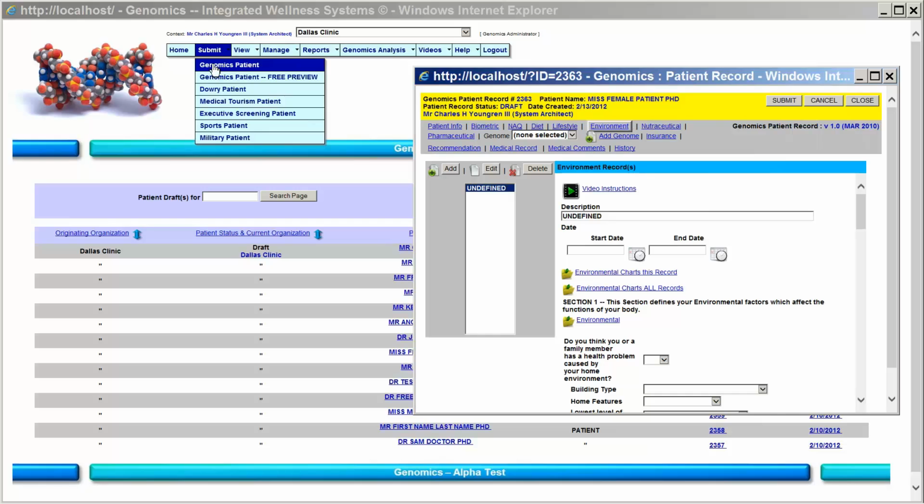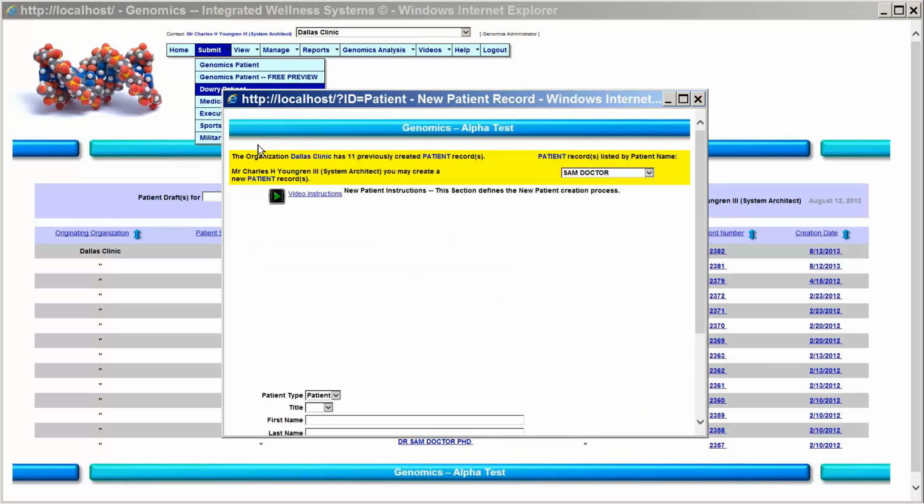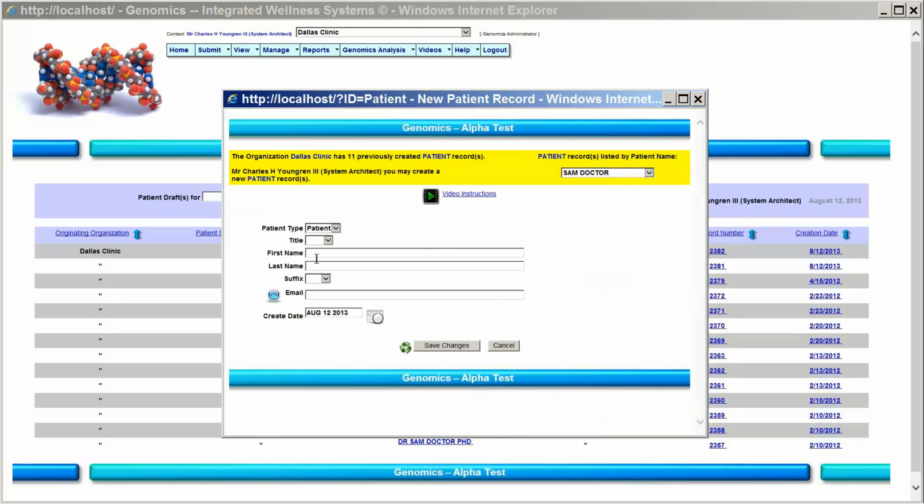We can also add patients, very simple. We provide a first name, we can add title, Mr., suffix, the third, and email.